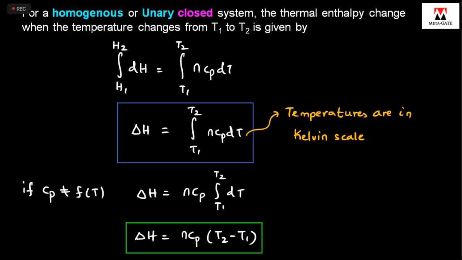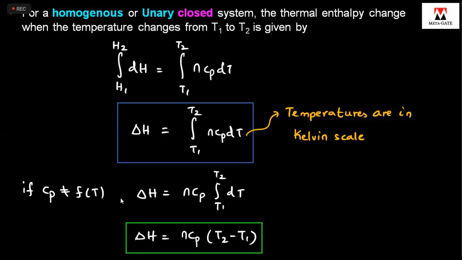So we know that Cp is a function of temperature also. Correct. I'm telling you, if Cp is not a function of temperature, according to the question. According to the question only.